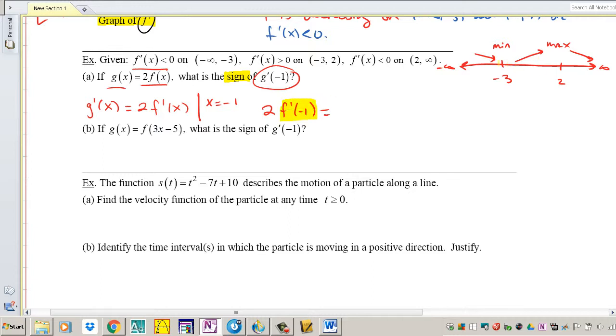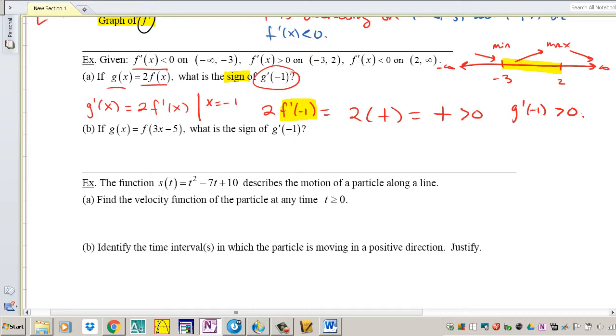Well, negative 1 belongs in this interval here, and the sign of that derivative is positive. So I really have 2 times a positive number, which is positive, which is greater than 0. So g prime of negative 1 is positive.